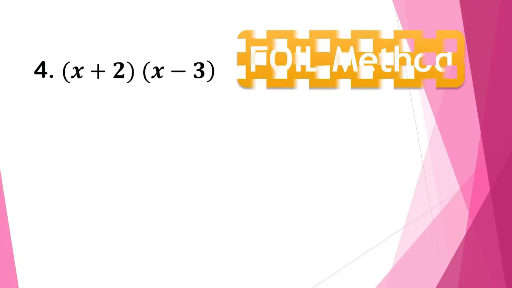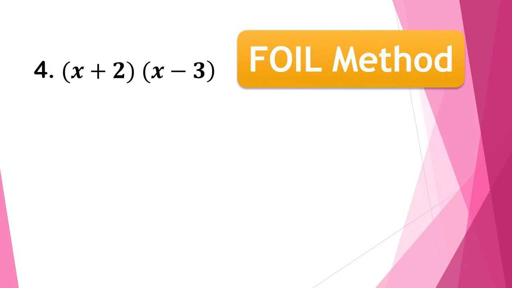Next, number 4. We have here another binomial by a binomial. Still the same process, FOIL method. So let's simplify. X times x for the first term is equal to x squared. O for the outer, x times negative 3, the answer is negative 3x.